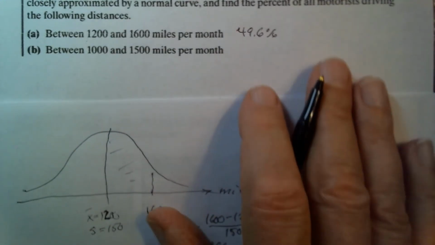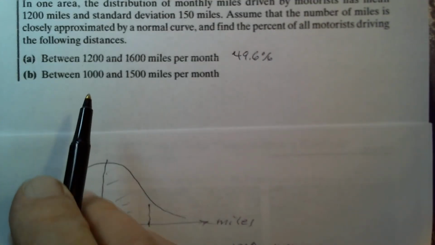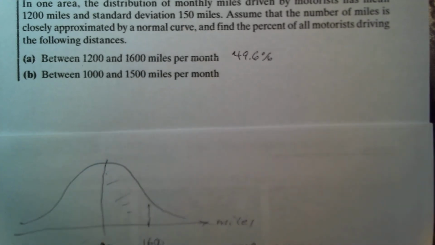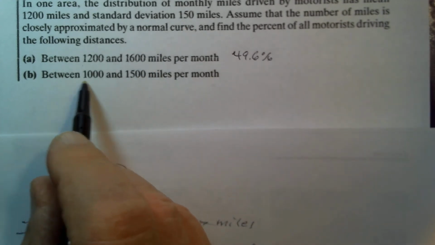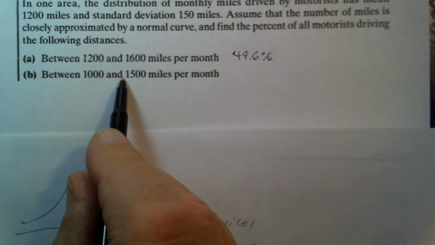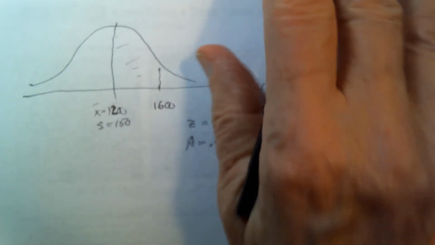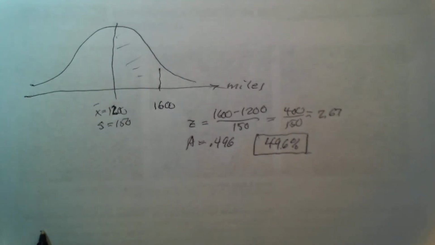The B part asks, given the mean of 1,200 miles and standard deviation of 150 miles, what percentage drives between 1,000 and 1,500 miles per month? So we do it similarly. We draw a normal distribution.